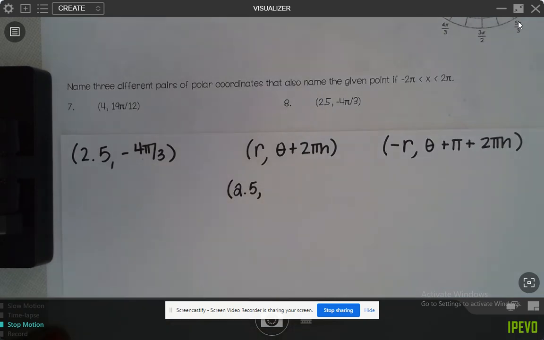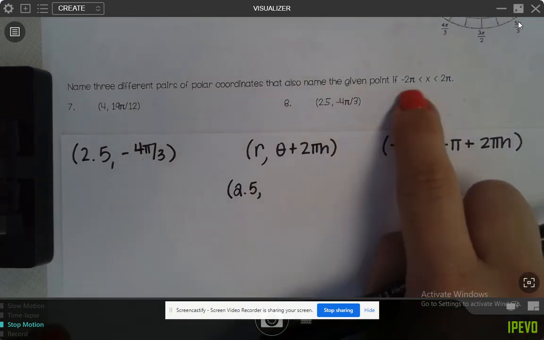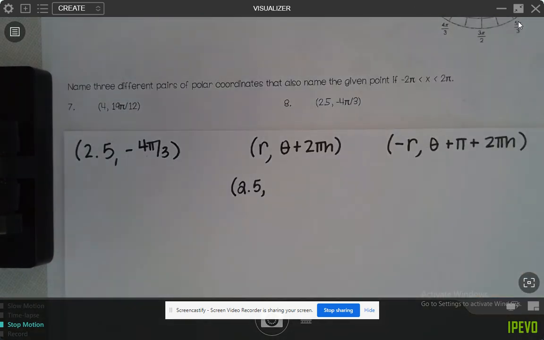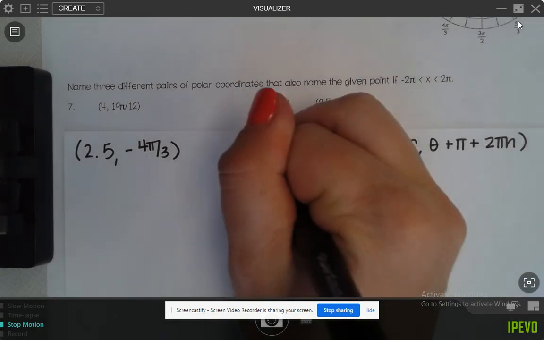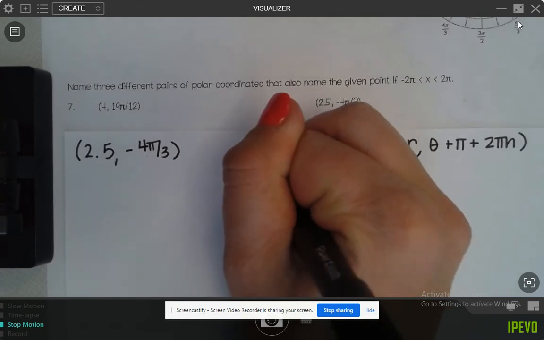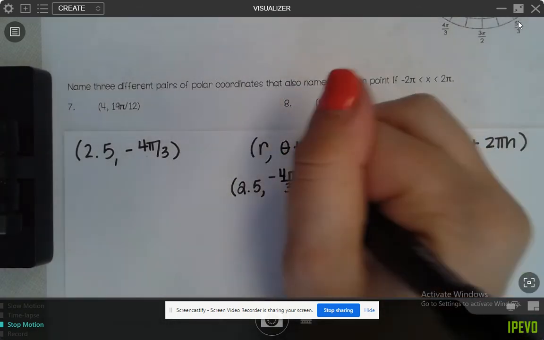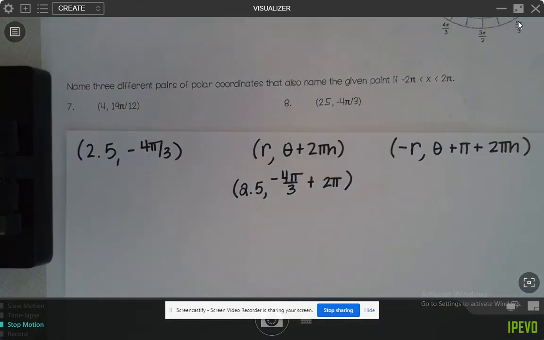Negative. So if I subtract 2 pi, am I going to be between negative 2 pi and 2 pi? No. So if it's negative, you're always going to add. If it's positive, you're always going to subtract. So this time I want to take my angle and add 2 pi.